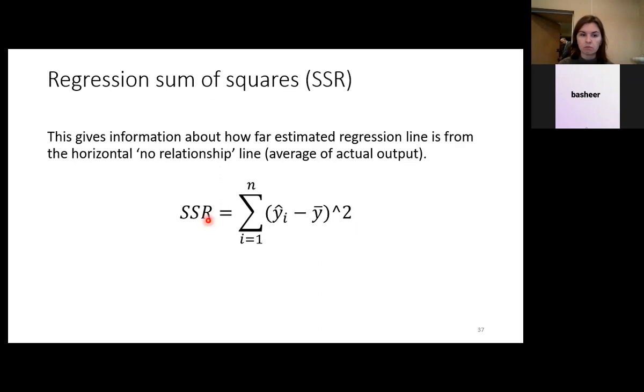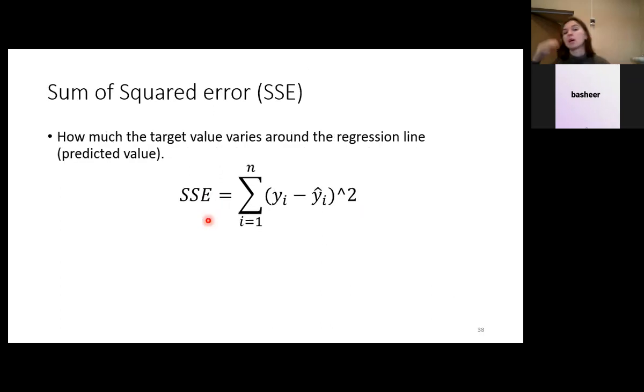So regression sum of squares. Sum of squared errors. We will have different combinations of the words squared, errors and sum. So, how much does the target value vary around the regression line? Here we have the error from the first slides about the regression.